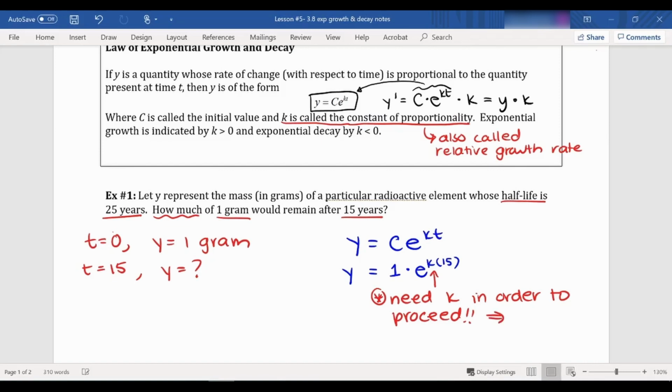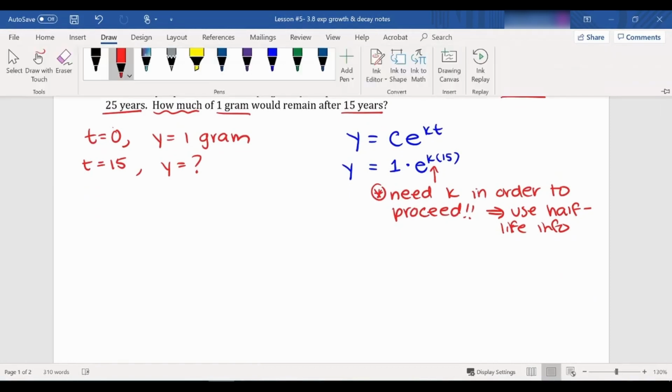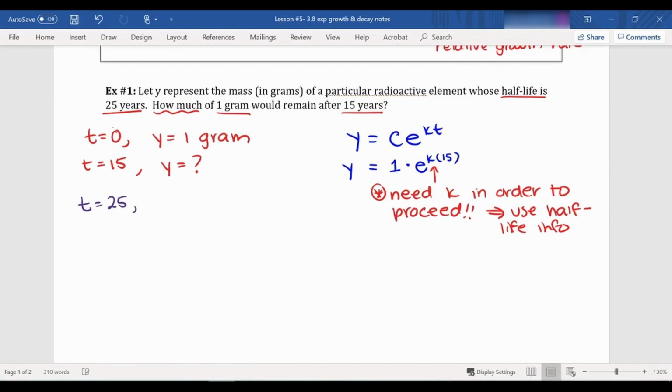So in order to find k, we're going to use the half-life information. Okay, so we know that the half-life is 25 years. So we know when t is 25, y would be 0.5 grams. Right?